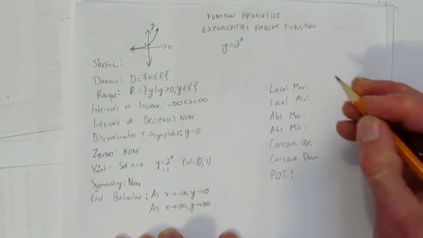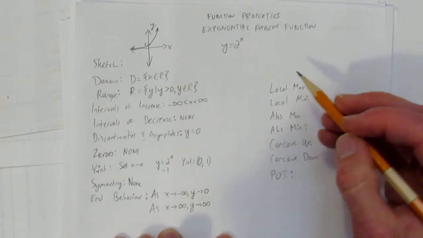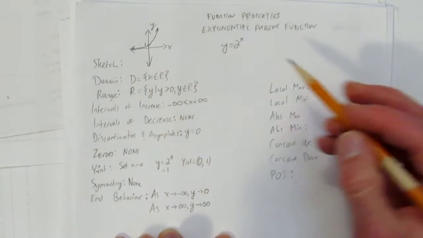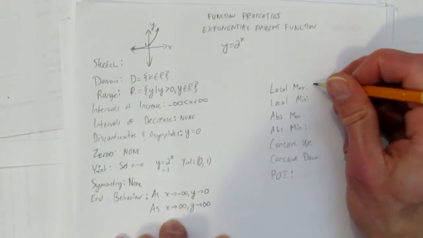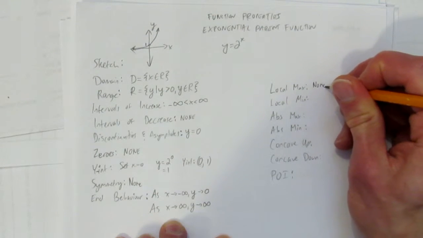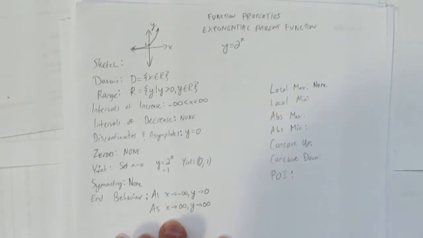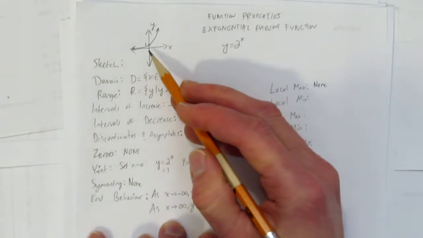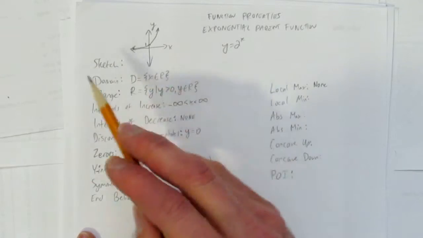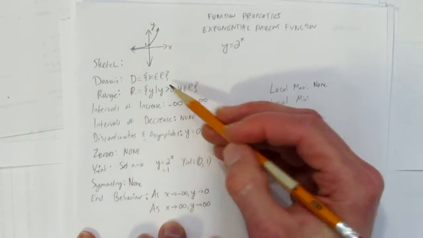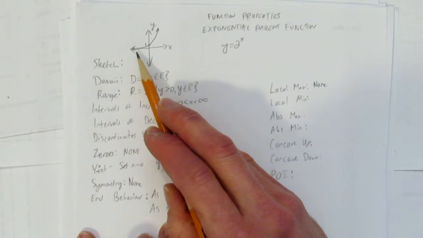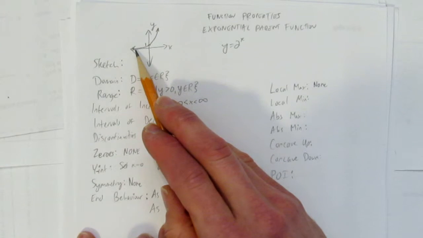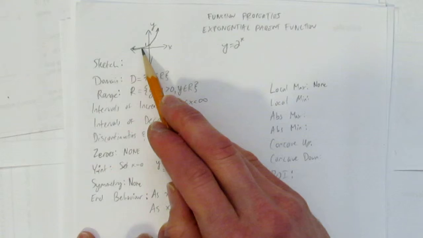Local maximum. This would be a turning point where there's a little peak, a little hill, and there aren't any on the exponential functions. It doesn't really have a local maximum. Now, local minimum is a bit tricky because clearly this function has some sort of lower bound. That is, it can't go below 0. It has to be greater than 0. But it would be, I think, not quite correct to say it has a local minimum because it never actually reaches a number.